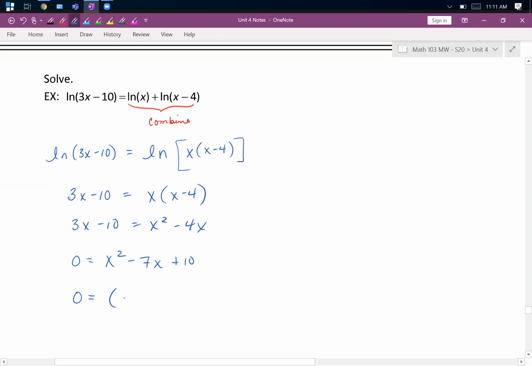This one will factor nicely into x minus 5 times x minus 2. Applying zero product property, we get x minus 5 equals 0 and x minus 2 equals 0. We get solutions of x equals 5 and x equals 2.